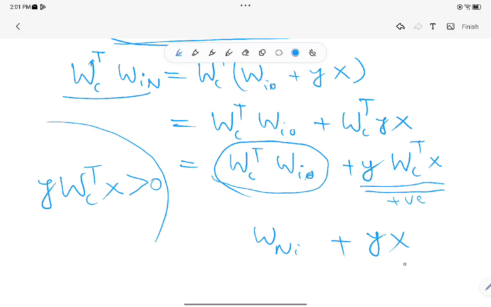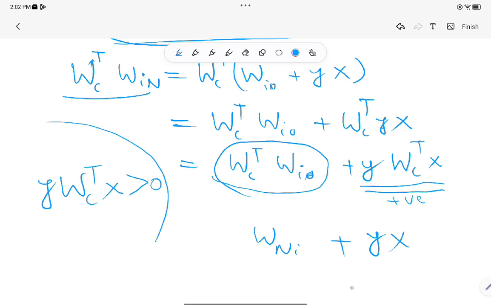The dot product will increase further. So you now know what you are going to do. You are increasing the dot product. That means turning the wrong vector towards, aligning it with the correct vector. This goes on till the wrong vector becomes parallel to the correct vector.